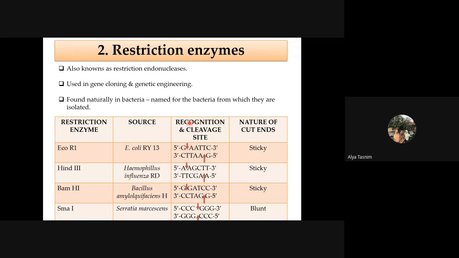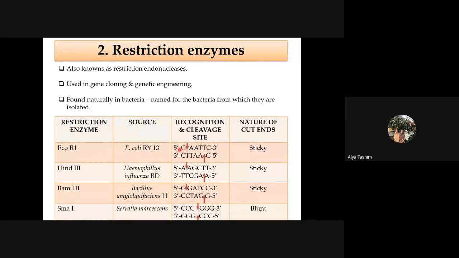bacteria cell. So this enzyme will recognize and cleave, that is to cut, at restriction site yang spesifik. So kalau untuk EcoR1, dia hanya akan mencari dan cut, it will only find and cut restriction site that has this sequence GAATTC, kan, GAATTC.